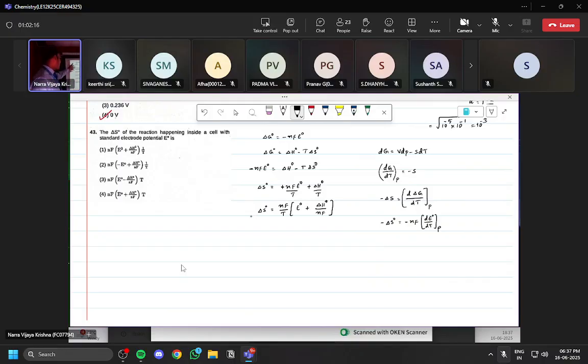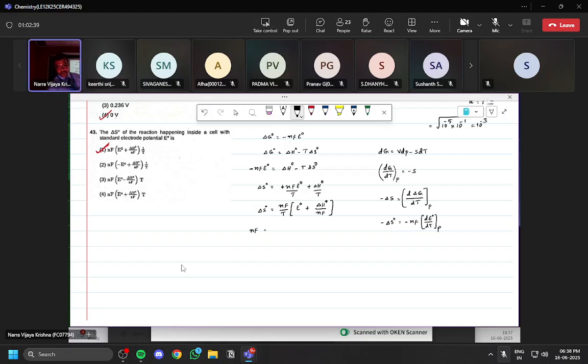So which is correct? First option: NF upon T common means E naught plus delta H upon NF. So first option. Instead of delta S, if I substitute this term also, what do you get?